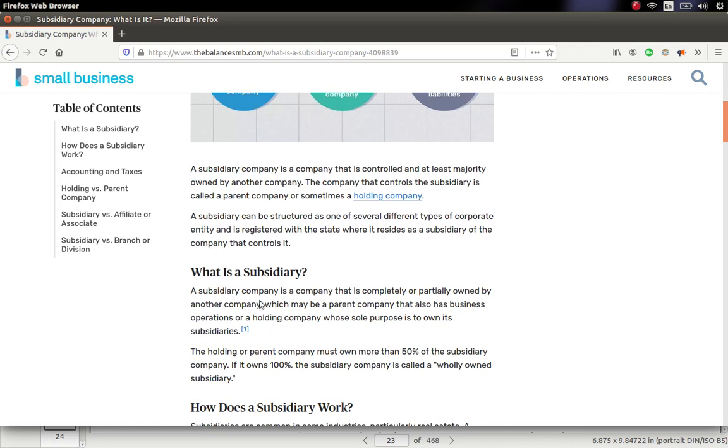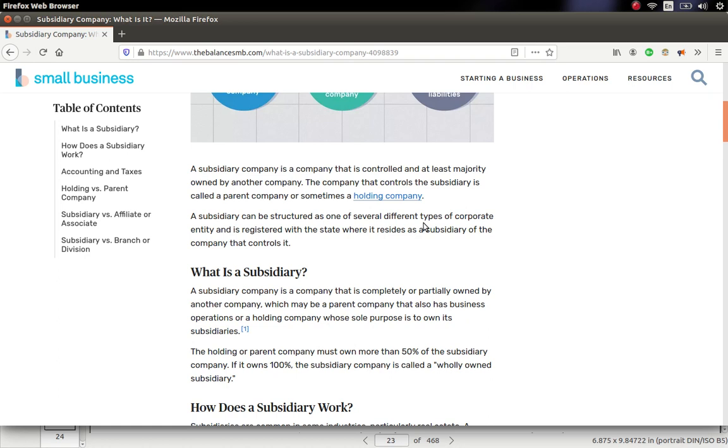Let's just read this part. A subsidiary company is a company that is completely or partially owned by another company, which may be a parent company that also has business operations, or a holding company whose sole purpose is to own its subsidiaries. Okay, so the holding company is one that is formed just for owning other companies.